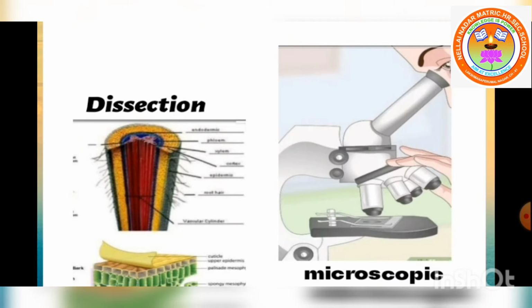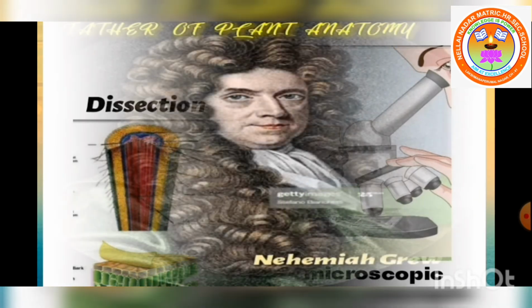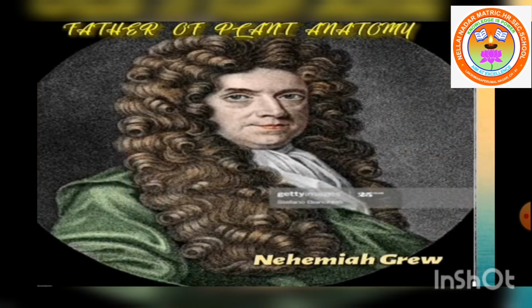So this is the definition of anatomy. The first account of the internal structure of plants was published by English physician Nehemiah Grew. He is known as the father of plant anatomy.